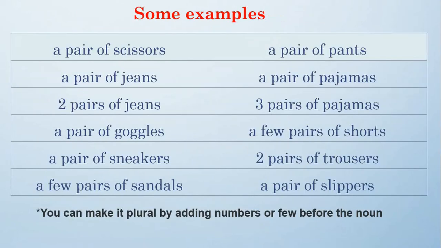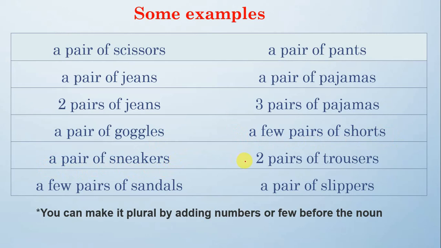Over here, a pair of scissors, a pair of pants, a pair of jeans, a pair of pajamas. Now if you want to make it plural, 2 pairs of jeans, 3 pairs of pajamas. If you want to make it singular, a pair of goggles. Plural, a few pairs of shorts. Singular, a pair of sneakers.